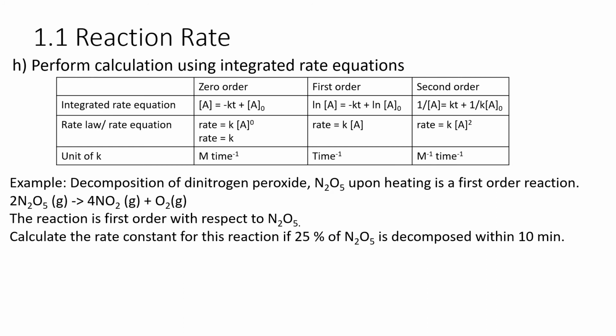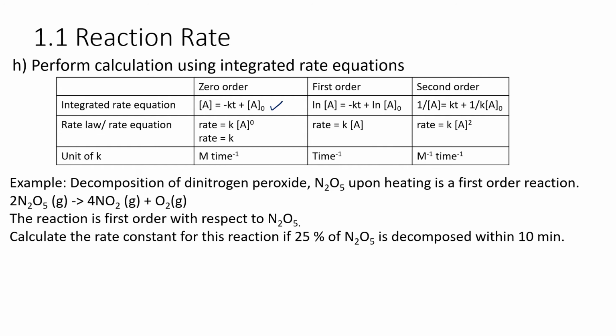Now we move on to look at 1.1h, perform calculations using integrated rate equations. So to perform calculations using integrated rate equations, you must remember the integrated rate equation for zero order, first order, and second order. For zero order, it is remaining concentration equals negative kt plus initial concentration of the reagent.